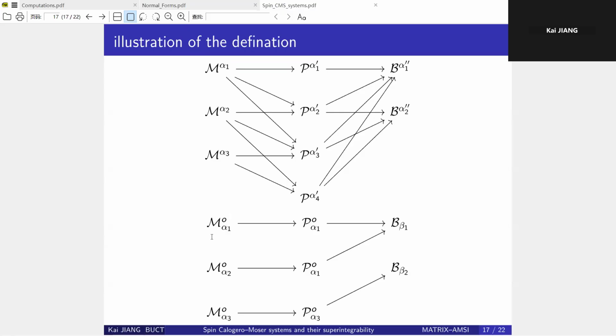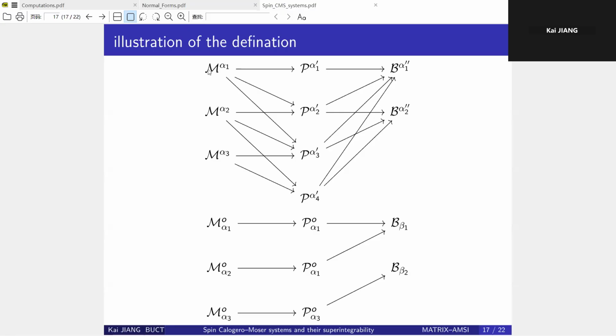So for each stratum, there exists an open dense subset such that on this subset, the arrows are quite simple. It means that there's only one arrow from one space to another space. So this is the key point. The most important part is this.